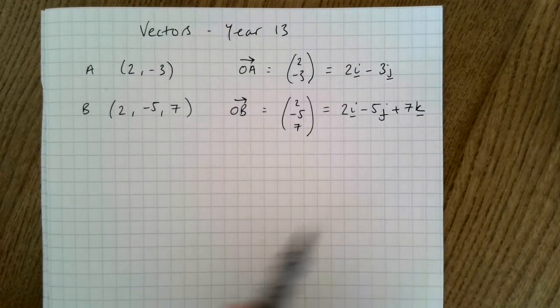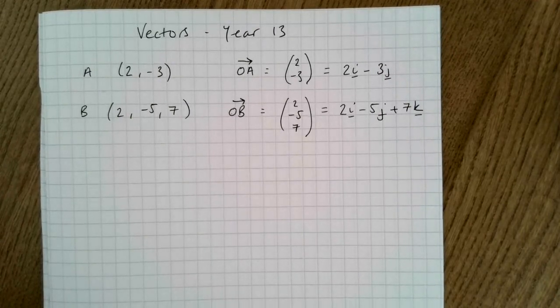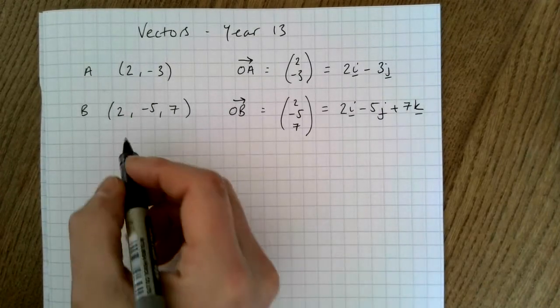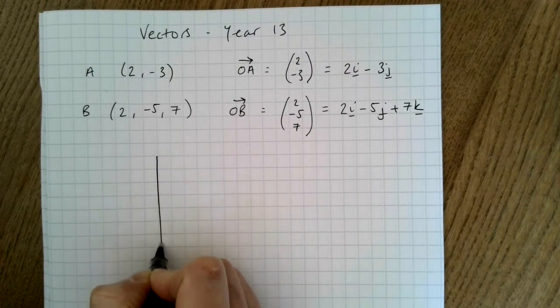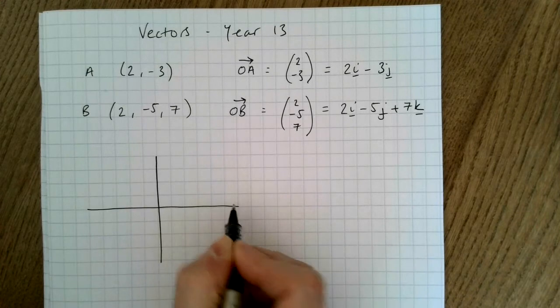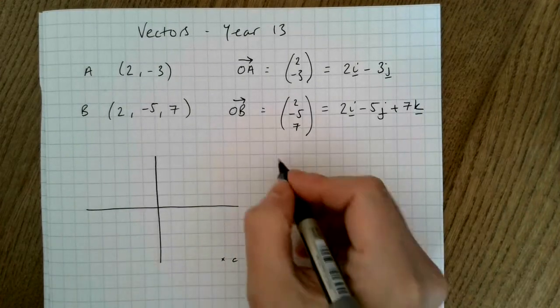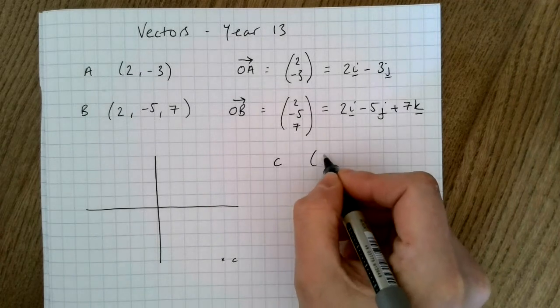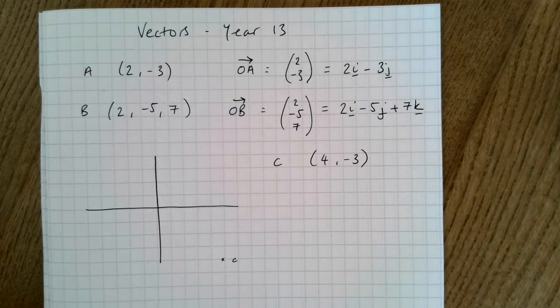So the next thing that we're going to think about is the magnitude of a vector. So the magnitude is its size. Again, let's start in 2 dimensions just to recap what you hopefully already know. So let's say I had a coordinate C, and the coordinate C is going to be (4, -3).